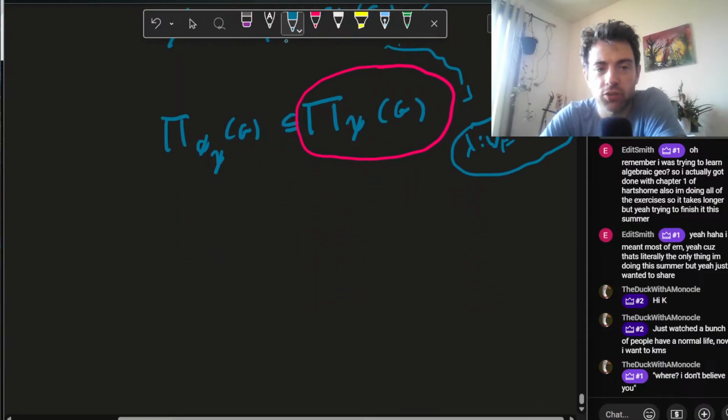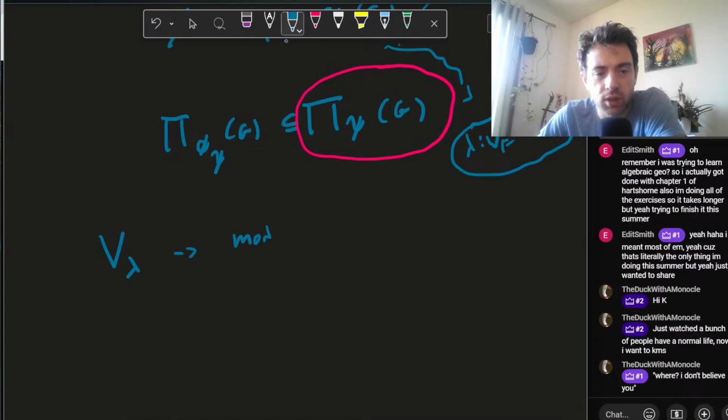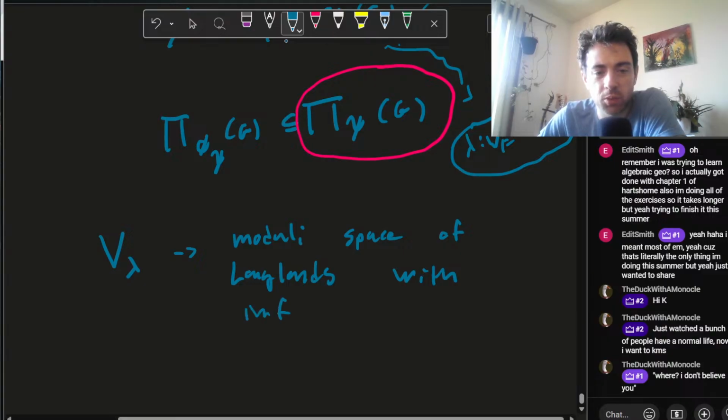In previous office hours, I've talked about the definition of this variety. As a variety, it's very boring. It's just affine space. But there's a group action on it that makes it interesting, and it's a sort of moduli space of Langlands parameters with infinitesimal parameter lambda.